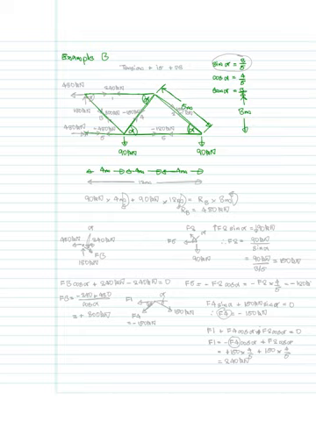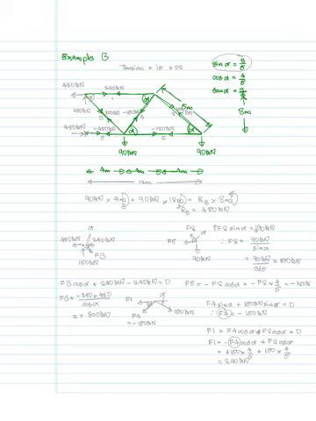We might want to assume that every single member is in tension, so call tension positive. So let's put some arrows on the members. So all of these arrows are in tension, and then let's put the final one there.